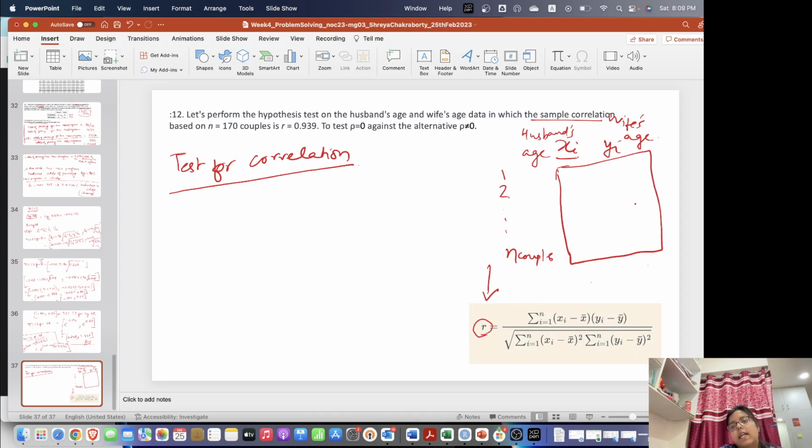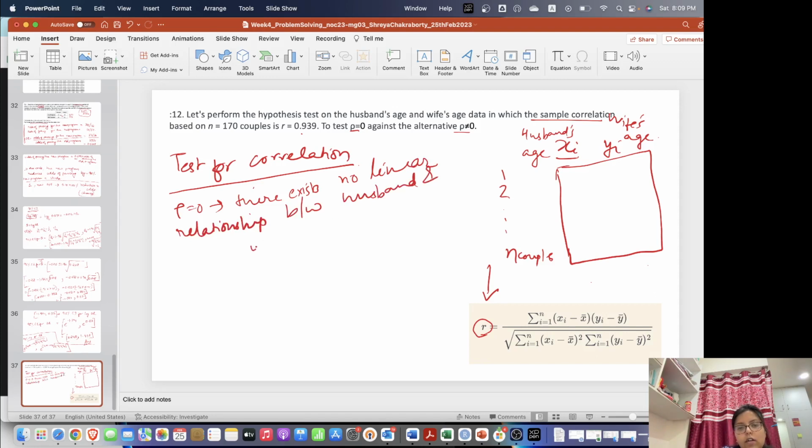So here, let's say from a data set they have computed r, and they want to find out if rho equal to 0 against rho not equal to 0. It implies that if rho equal to 0, there exists no linear relationship between husband and wife's age.